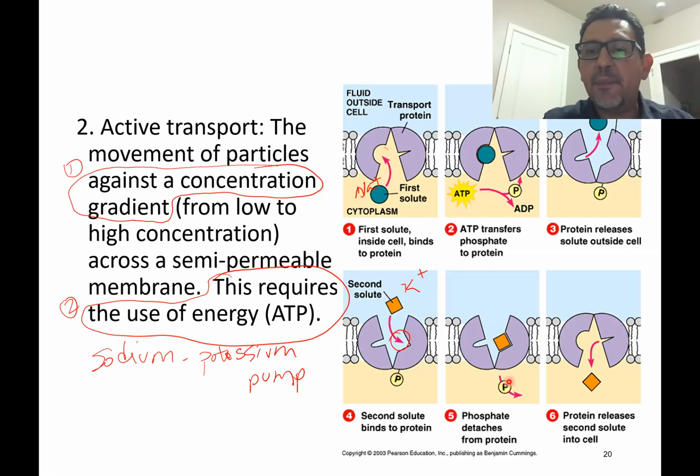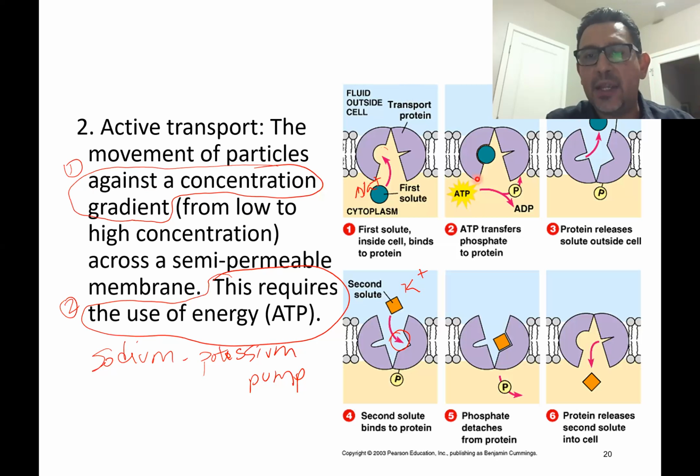As the protein releases the phosphate, it returns back to the original shape. This shape over here is the same one you see down here, dumping this potassium in a place where it's more concentrated. So potassium goes from where it's less concentrated to where it's more concentrated, and sodium did the same thing from low concentration to high concentration, always against the concentration gradient.